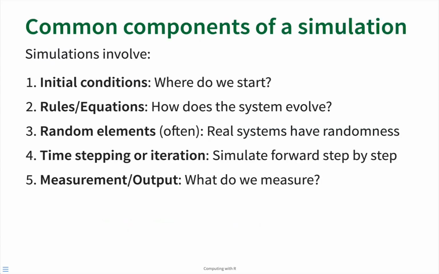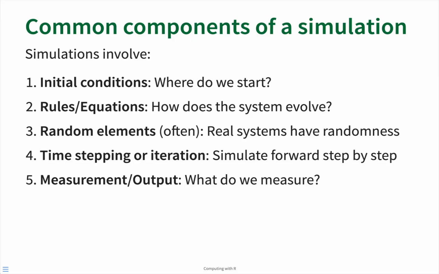So obviously, there are many different ways that we could write a simulation. But in general, simulations all tend to involve some core components, no matter how we implement them. So typically, we'll have some initial conditions. Where do we start when the simulation starts? We'll also have rules for how the system evolves.